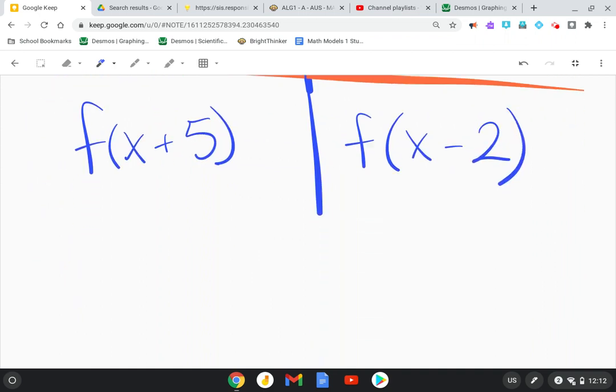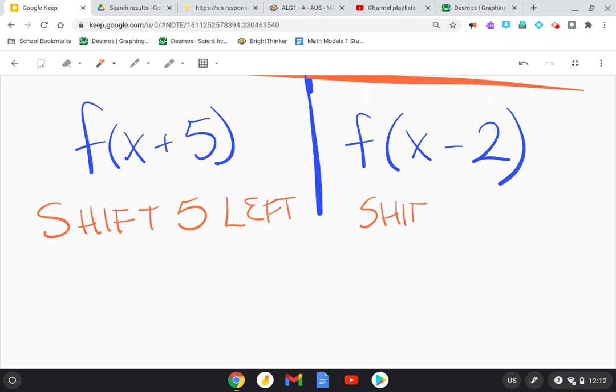So now we're adding or subtracting to the x value of the function. When we do this, this results in a shift 5 units to the left. And this results in a shift of 2 units to the right.